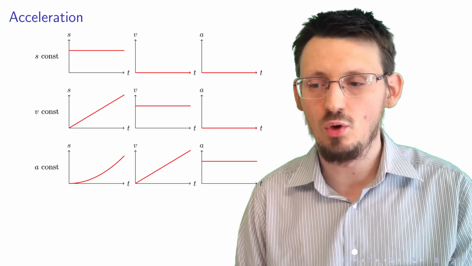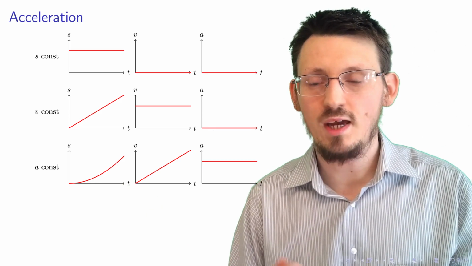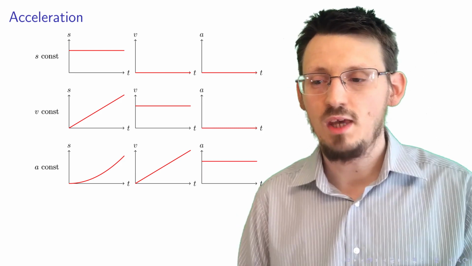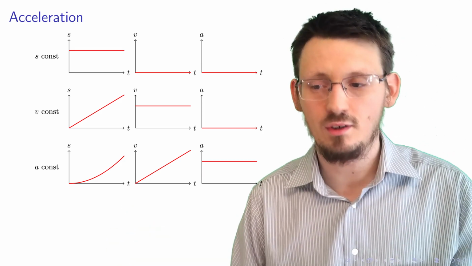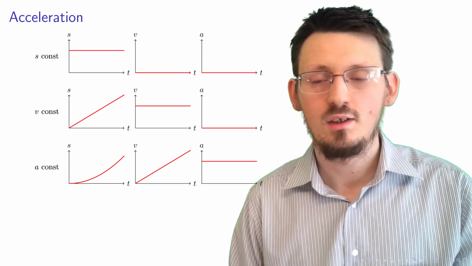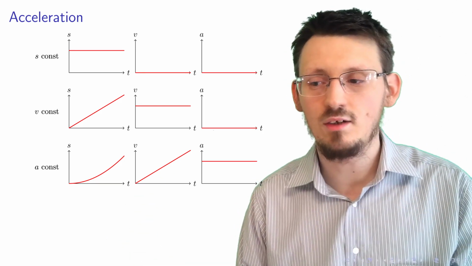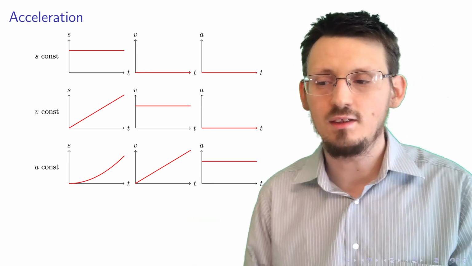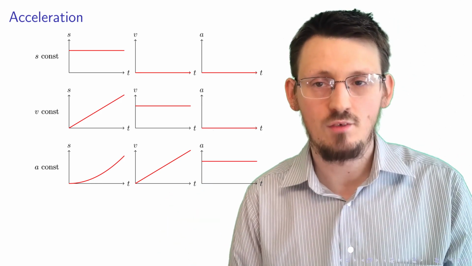In the last row we come to the diagrams where a is constant, and this we just learned in this video. We have again the parabolic shape of the graph in the s-t diagram, a straight line in the v-t diagram because of the derivative, and the horizontal line in the a-t diagram as explained a few minutes before.